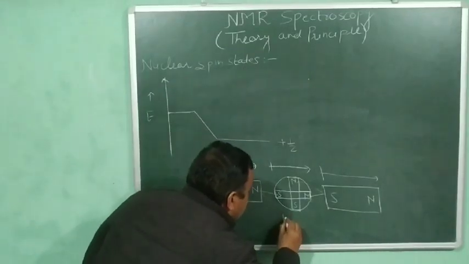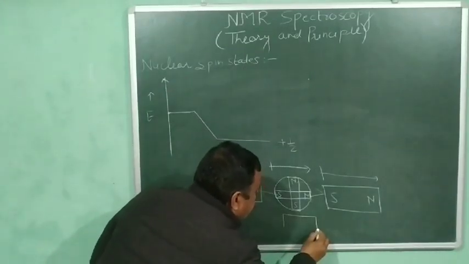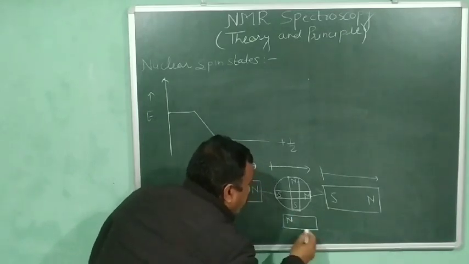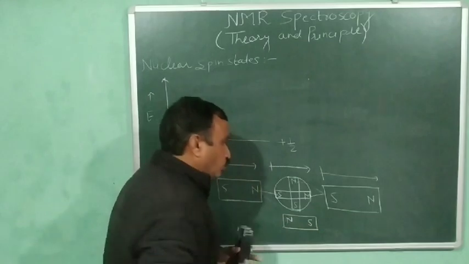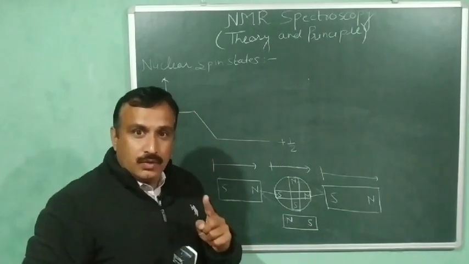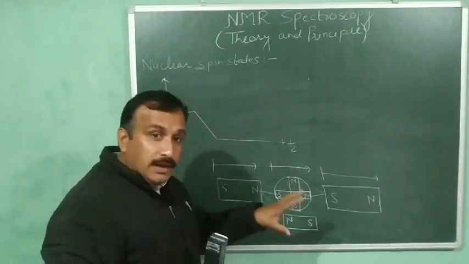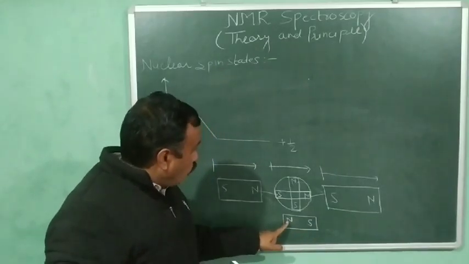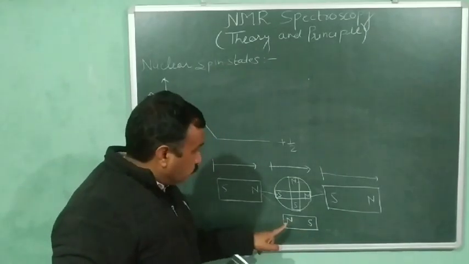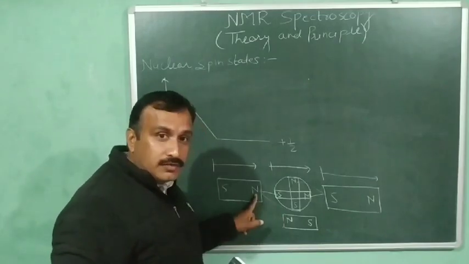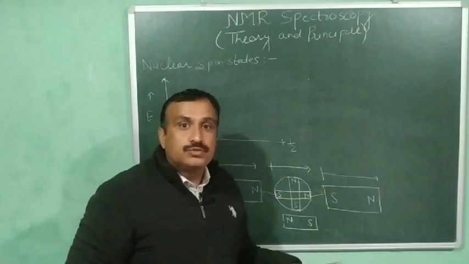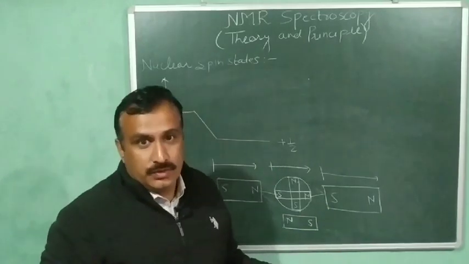That is, its north pole will be here and its south pole will be here. It will be aligned against the external field when its north pole is facing the north pole of the external field, and the south pole is facing the south pole of the external magnetic field.